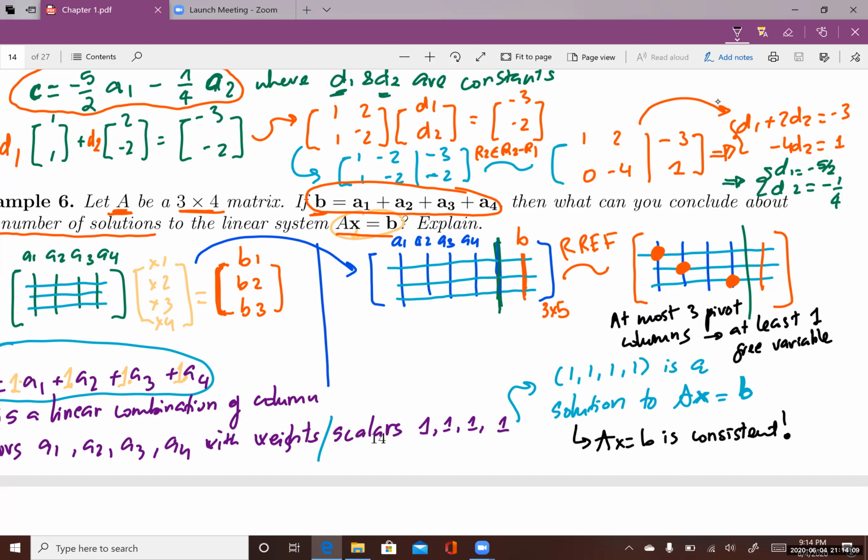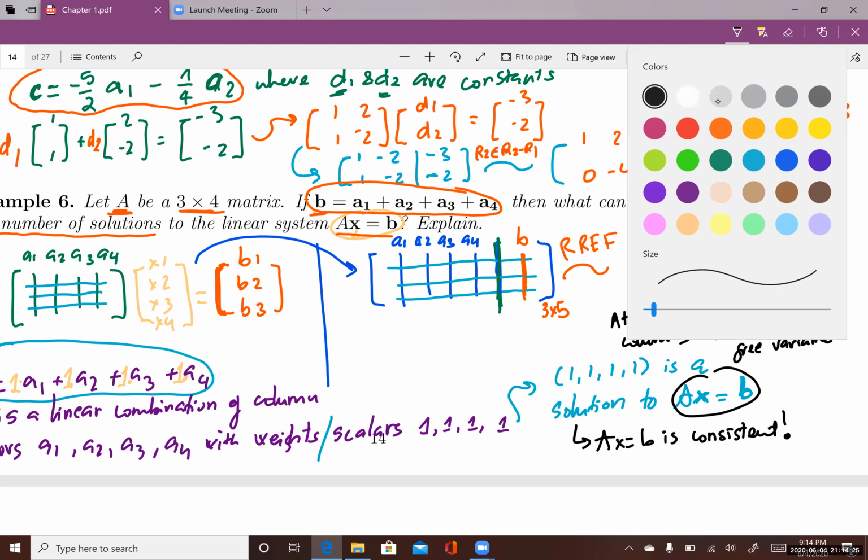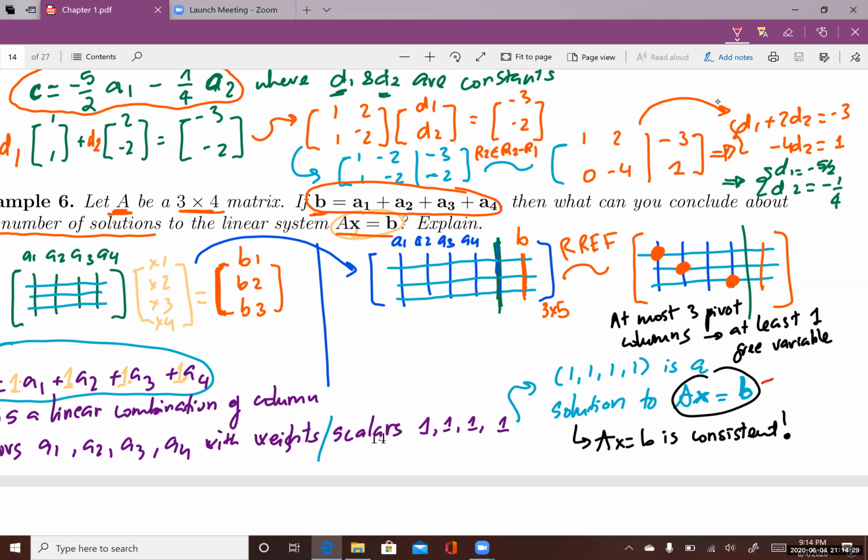If I have at least 1 free variable, that means my system here is consistent and has many solutions. Infinitely many solutions.